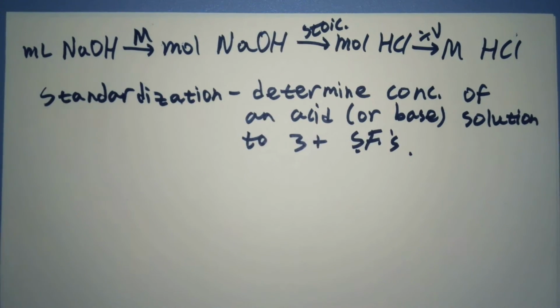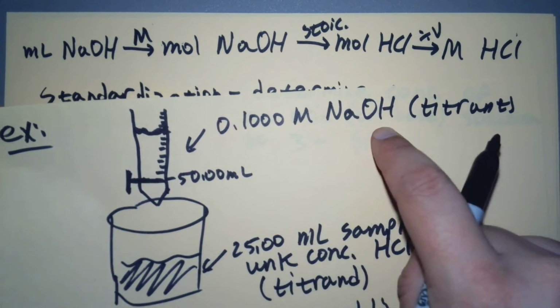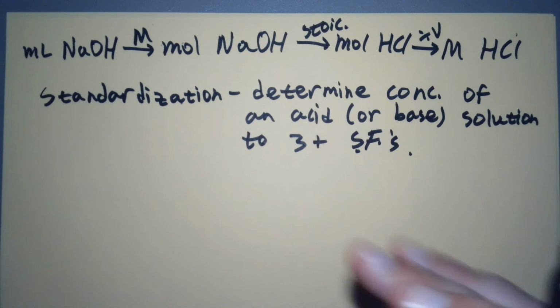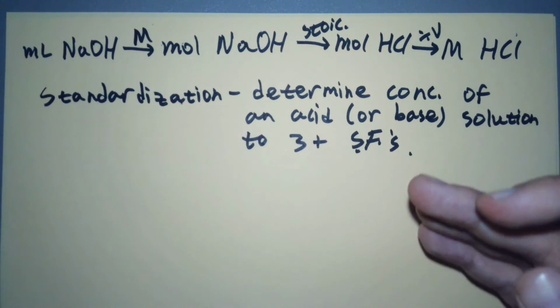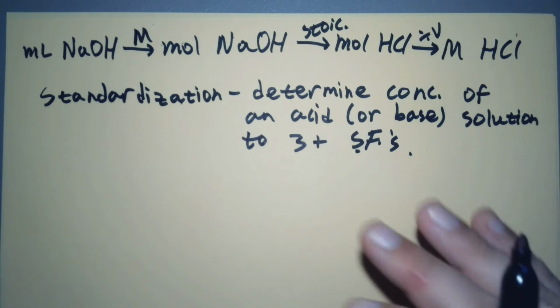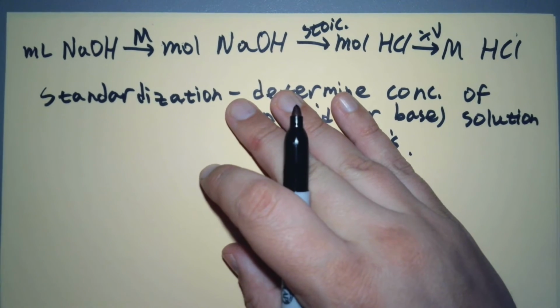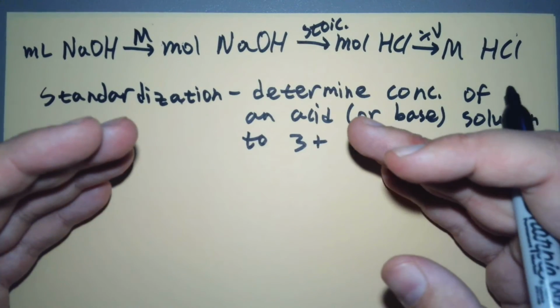This is a pretty common trick, and usually what you actually have to do is standardize your NaOH in your burette, because when you make that stuff, you put it on the balance and say you use 50 grams of sodium hydroxide to make your solution. The problem is you don't have 50 grams on the balance because it's what's called hygroscopic.